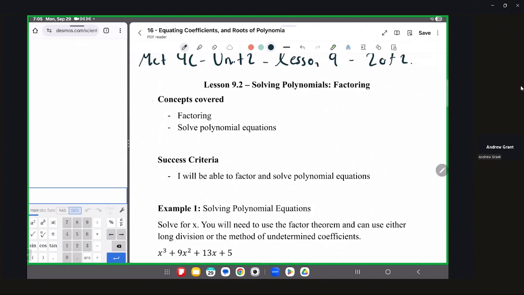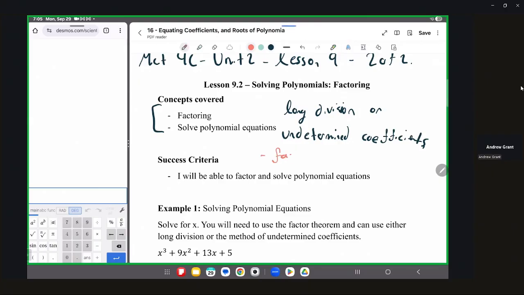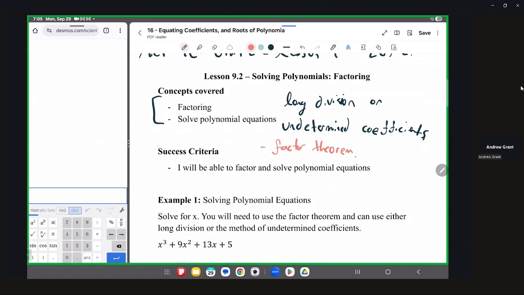And in general, we should be able to factor and solve polynomial equations. We're going to be using a combination of either long division or the method of undetermined coefficients. And the vehicle to make these happen we'll be using is just the factor theorem. So in general, we'll be able to factor and solve these.